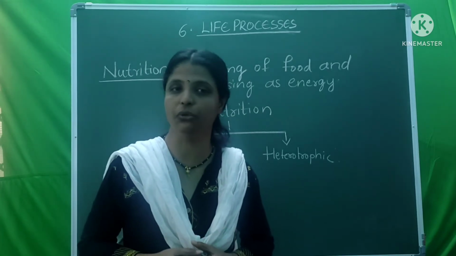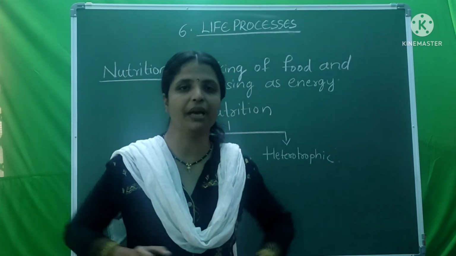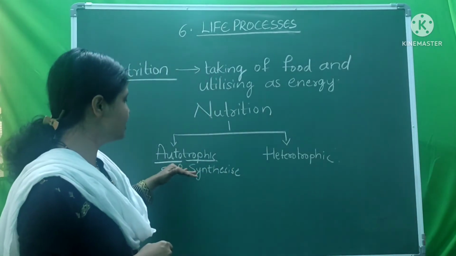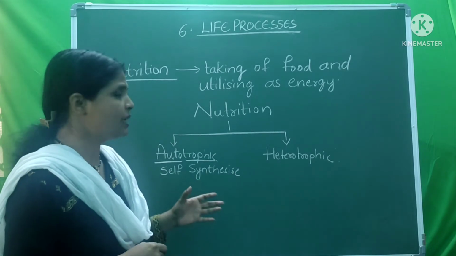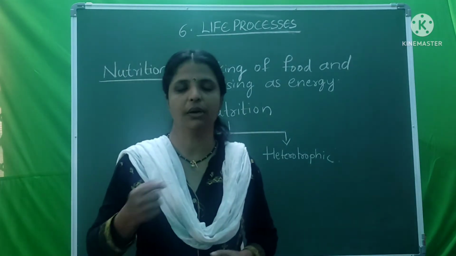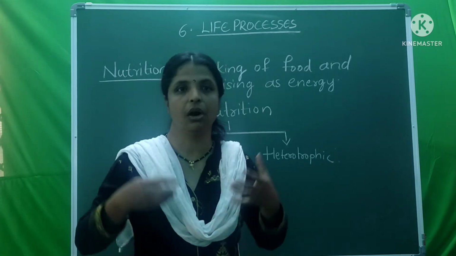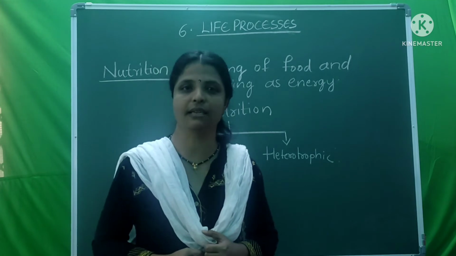You all very well know, you have learned in your lower classes also that plants prepare their own food, isn't it? So that process is called autotrophic nutrition. Plants किसी पे depend नहीं रहते, वो अपना खाना खुद बनाते हैं. How they prepare their food, we'll be learning in more detail in the next classes.